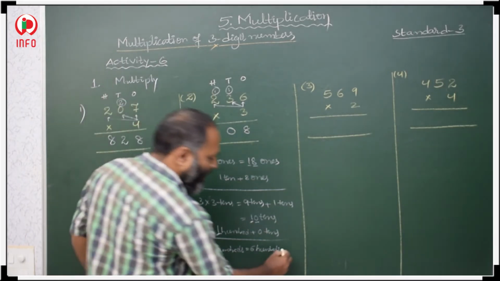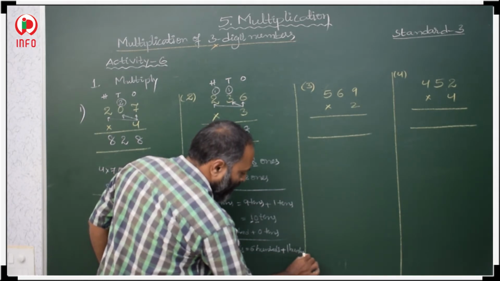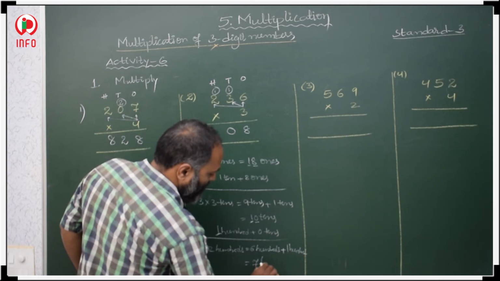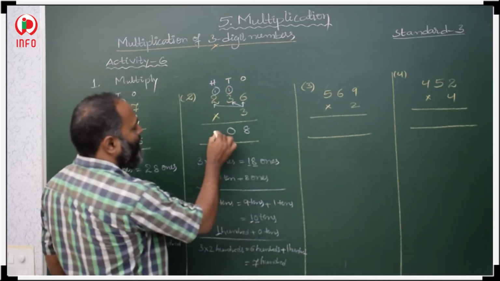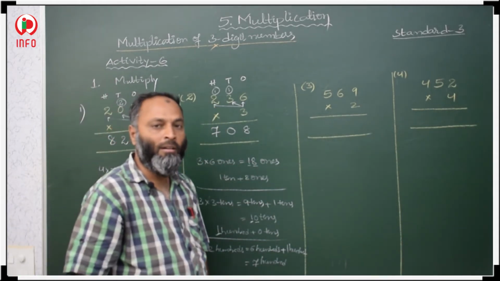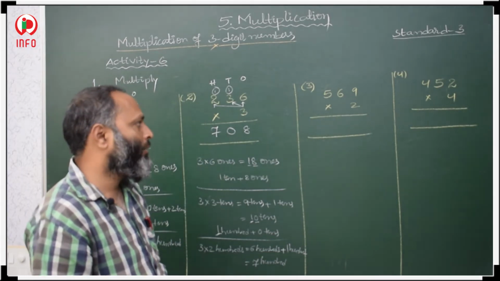That one we have to add, plus 100. Then 6 plus 1, 700. That complete we have to write here, 700. That is a single digit number, no need to regroup it.